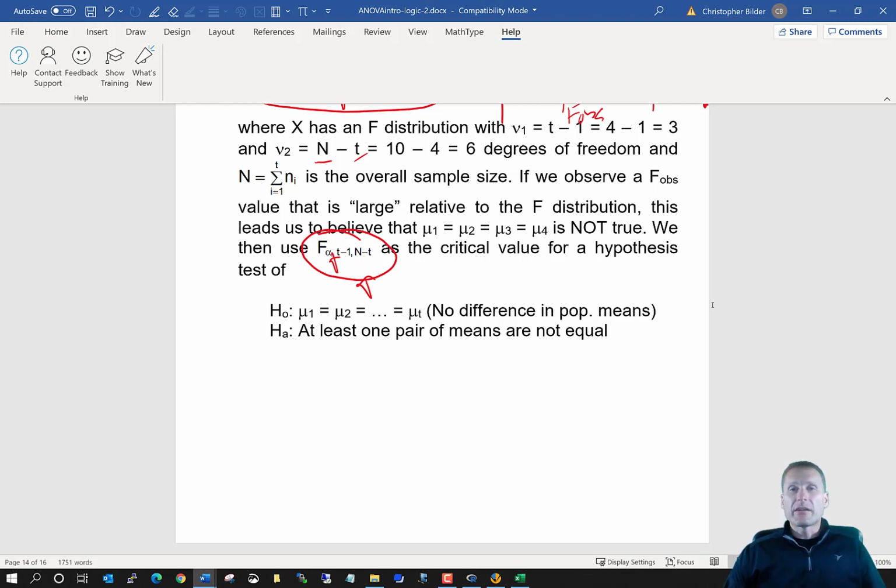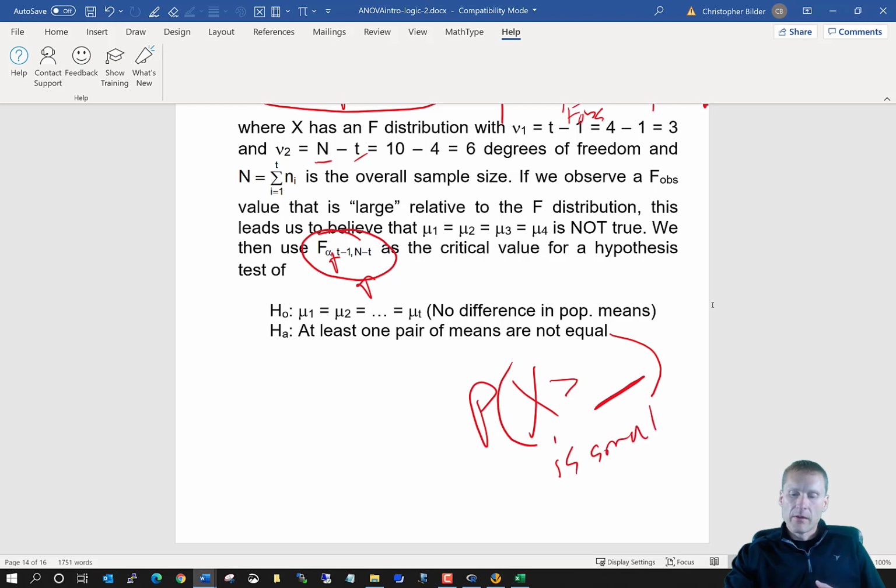We could also calculate a p-value just like in any other case. Here we're using an F distribution for it. Small p-values, meaning that if X is a random variable that has this corresponding F distribution, the probability that X is greater than whatever we observe F obs to be, if that is small, then reject the null hypothesis.